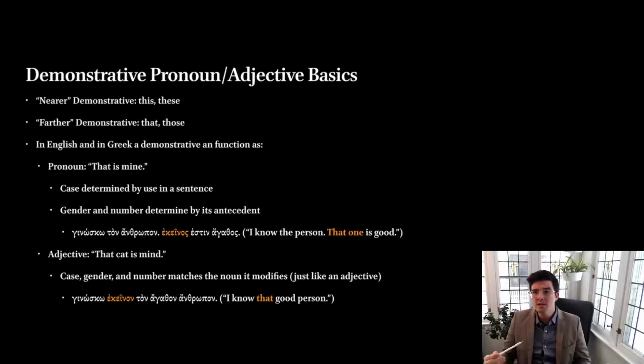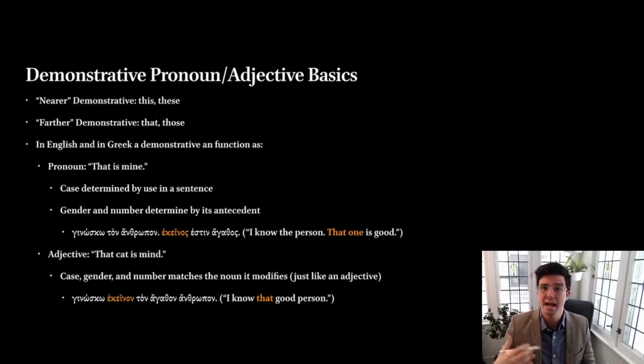So in English and in Greek, demonstratives function very similarly to one another. We may not remember, of course, the grammar of English demonstrative pronouns, and we may not even be familiar with the English term demonstrative, but we should be able to recognize how English uses demonstratives in a way that is similar to what Greek does.